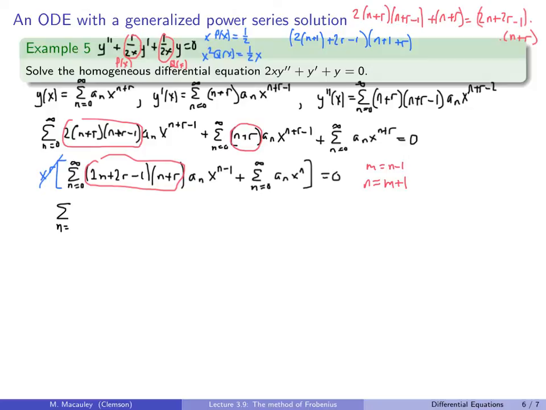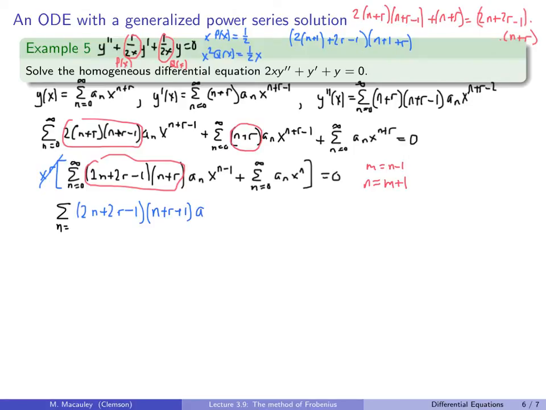So now we can simplify this. This is going to be 2n plus 2r, and then the plus 2 minus 1 is minus 1. So this is going to be 2n plus 2r minus 1 times that second term, which is n plus r plus 1. So n plus r plus 1.